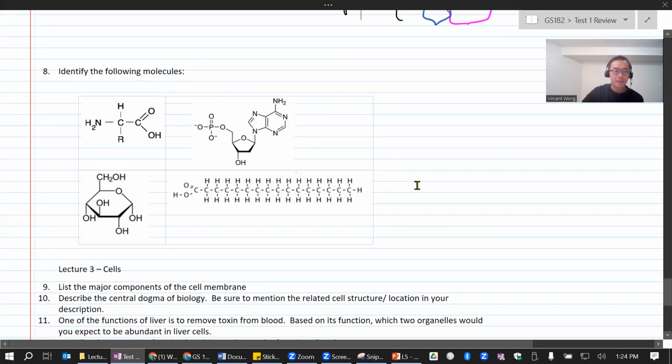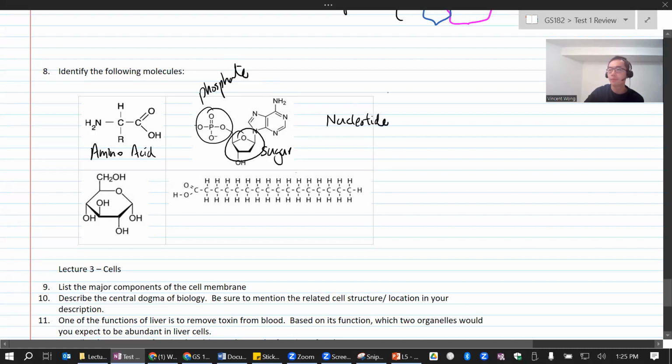Next, identify the molecules. This here, hopefully, you know, is an amino acid. This one, we have a phosphate, sugar, and nitrogen base, right? So those three things make up a nucleotide.